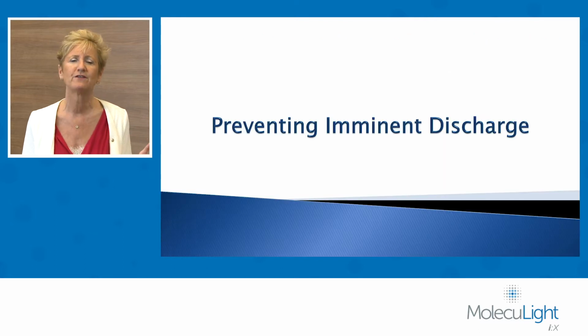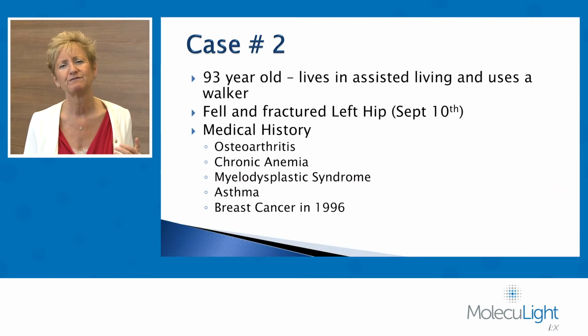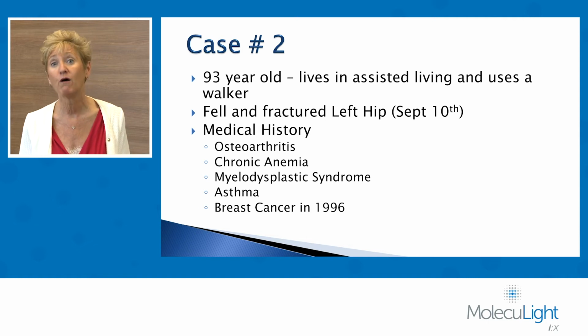But let me take you to another area. I want to share with you about this lady in terms of trying to plan what were the next steps for her. She was a 93-year-old lady who had had a fall. She was somebody who always faithfully used her walker, but had decided that maybe this time she didn't quite need it. And sadly, she had a nasty fall and fractured her hip.